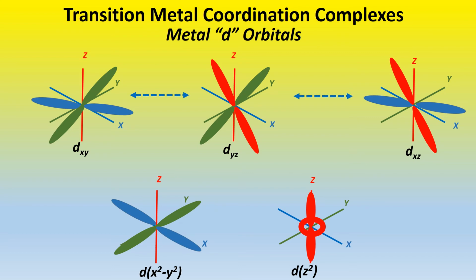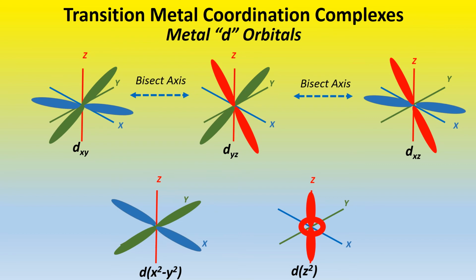In all 3 cases, the 4-leaf clover bisects an axis. It sits 45 degrees off normal on the xy plane, the yz plane, or the xz plane.